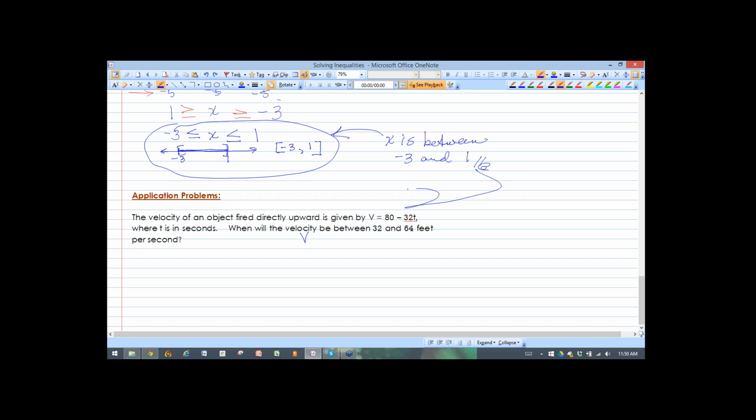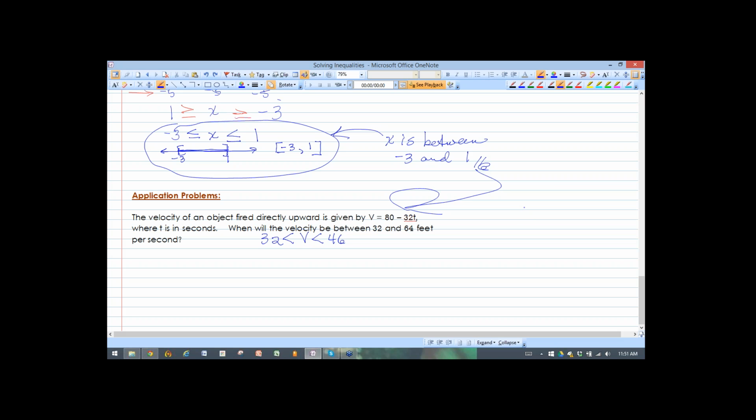Okay, so just kind of giving you an example, let's take that idea and come here. Velocity, we want to know when is it between 32 and 64. And it's just saying between, it's not indicating or equal to. So let's keep it as less thans, not or equal to's. So we have a statement that represents the velocity.